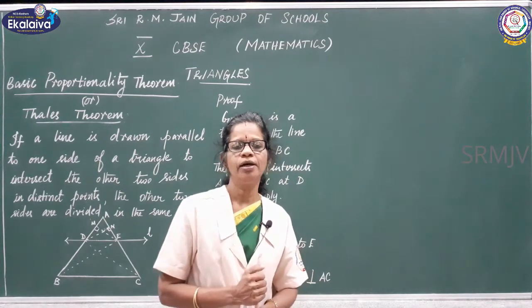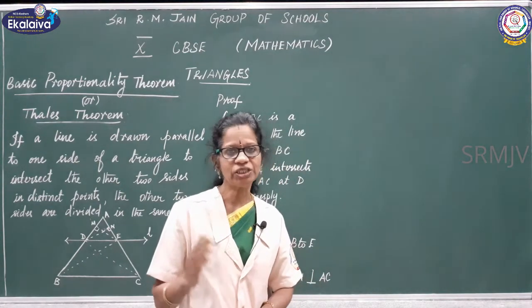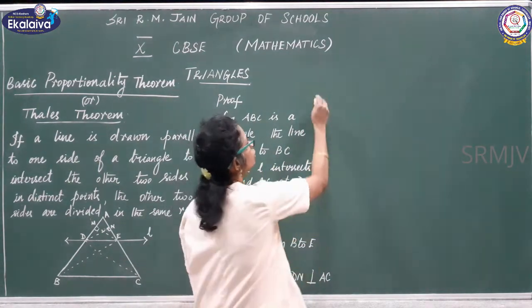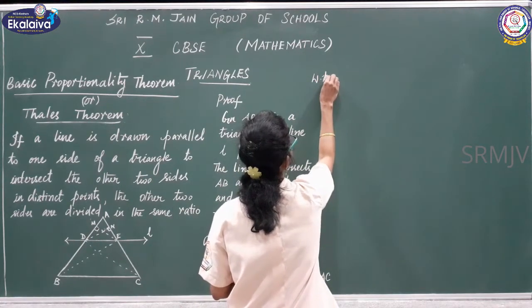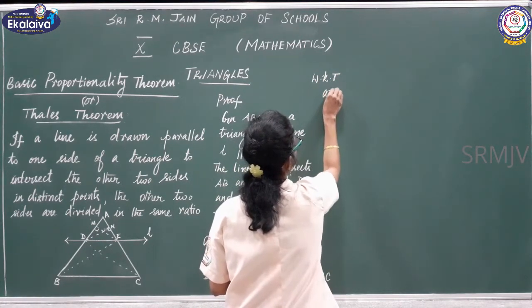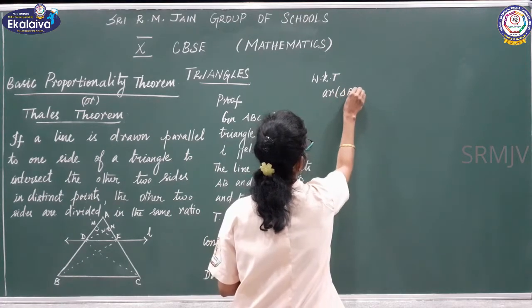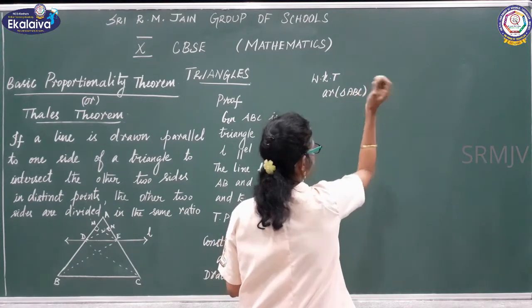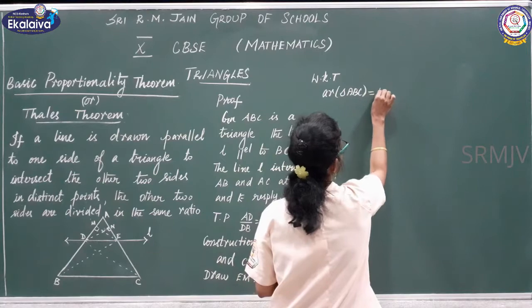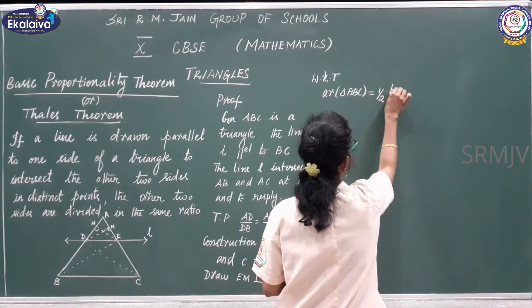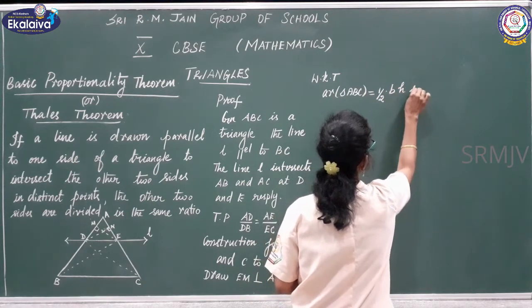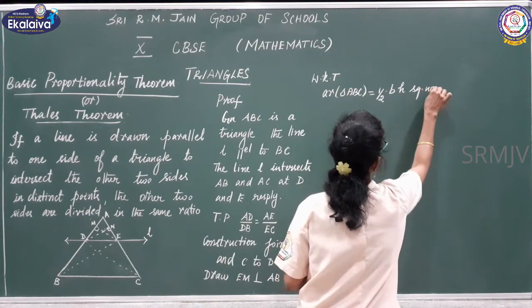Now, what is the area of a triangle? Formula you know, right? Half into base into height. We know that area of a triangle ABC, or area of a triangle, equal to half into base into height square units.